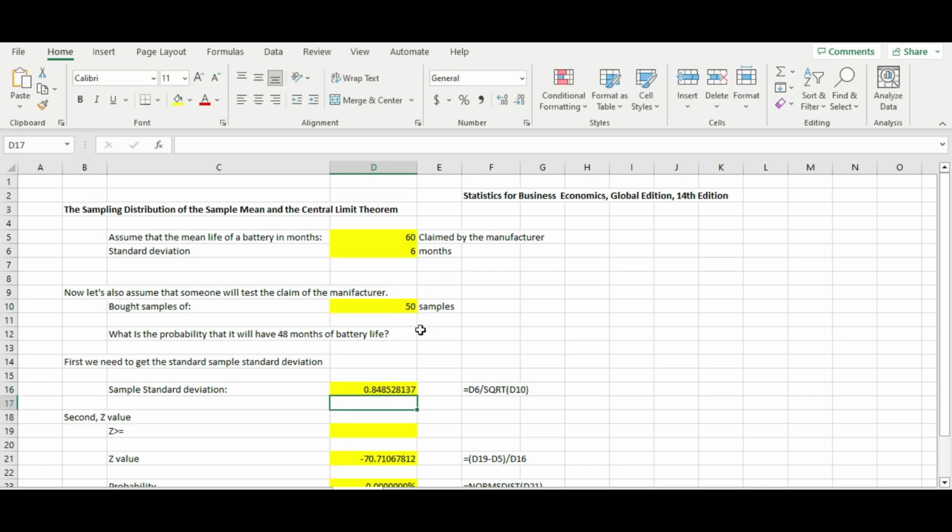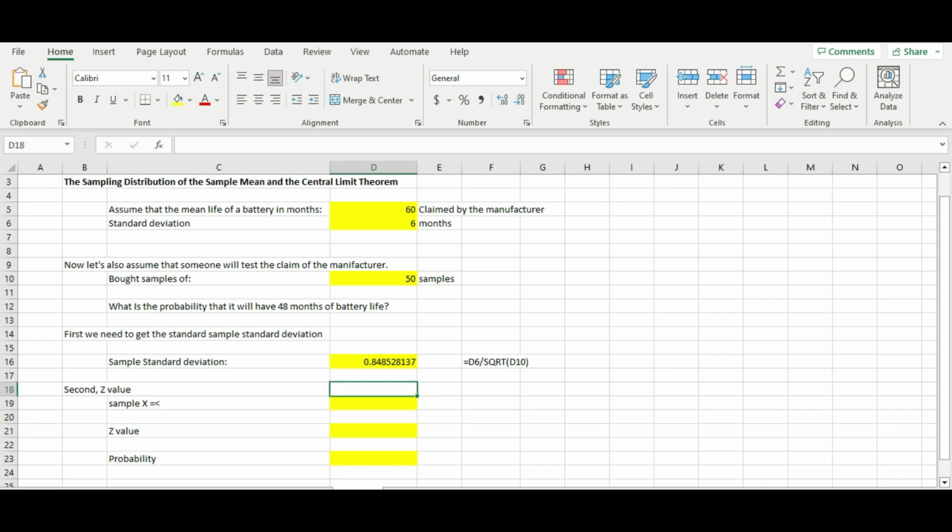Since we found the standard error by dividing the standard deviation by the square root of the samples, we want the probability of a battery life of less than 48 months.